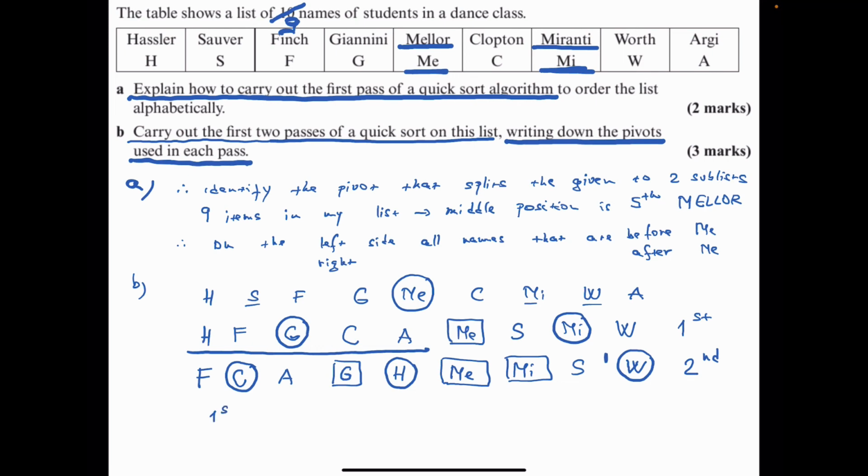So in the first pass, what we used were pivots G and MI, and in the second pass, the pivots that we would be using if we carry on would be C, and then H, and then W. Okay, and for this you would get 3 marks.